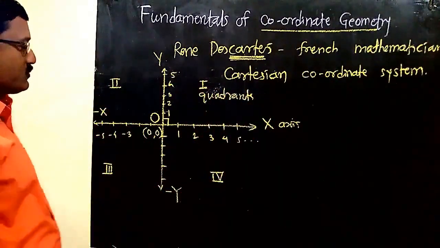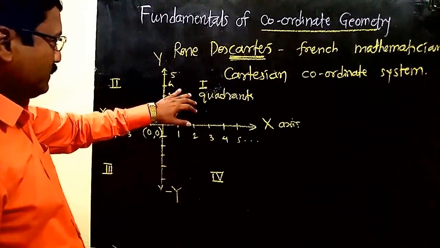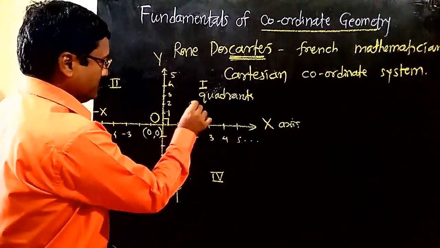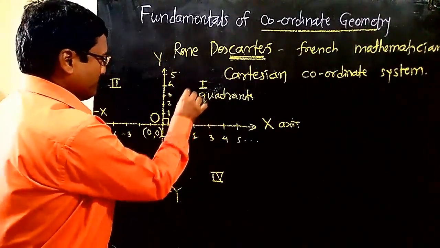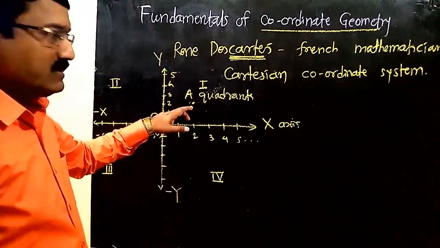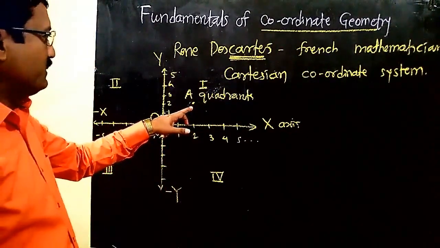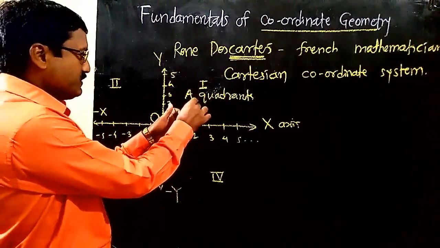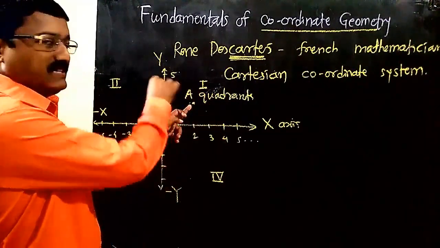Okay. So in this first quadrant, suppose we take a point A, like this. Then what are the numbers associated with this point A? Those numbers are nothing but the distances of this point A from x and y axes.